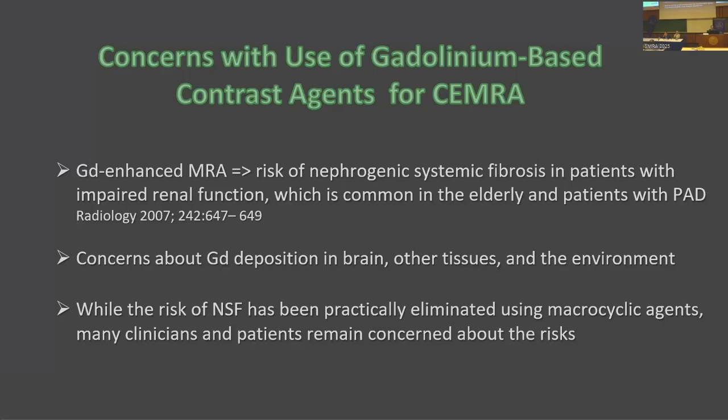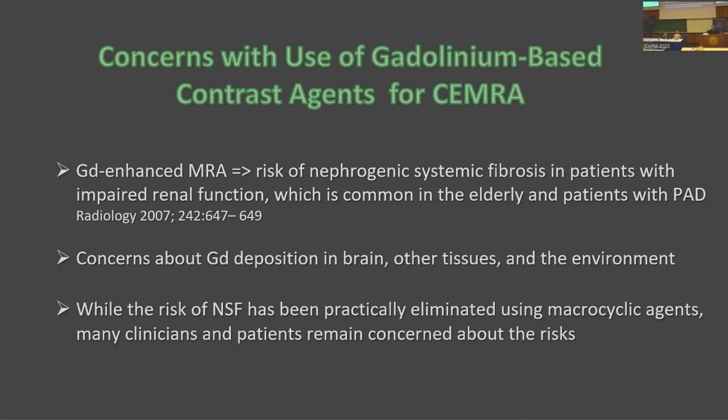So I'm going to talk about non-contrast angiography, which I've worked on for a couple of decades already. And it's a very interesting field, both academically and it's also very clinically useful. You've already heard why we might need a non-contrast approach to MR angiography. Risk of NSF, of course, with the older linear contrast agents, gadolinium deposition disease, environmental hazards of gadolinium.